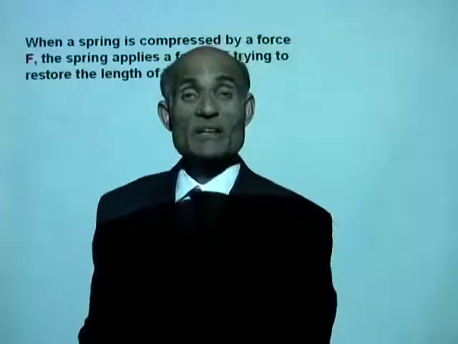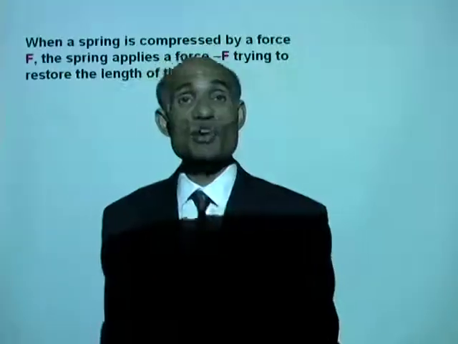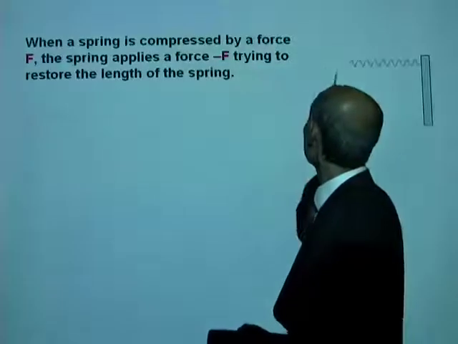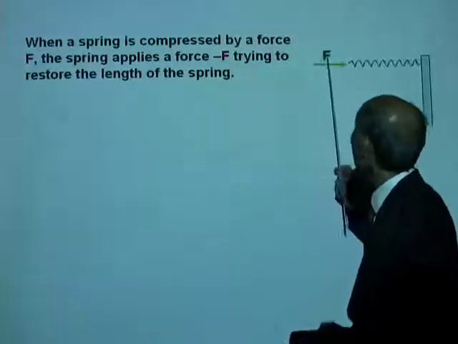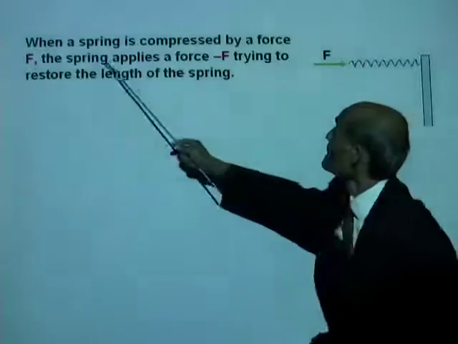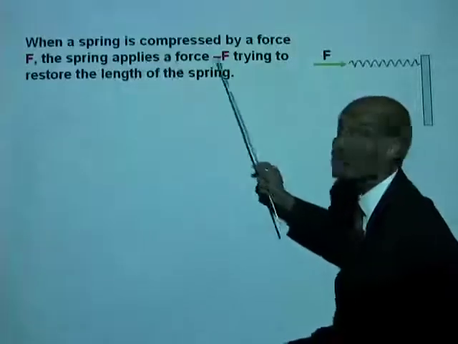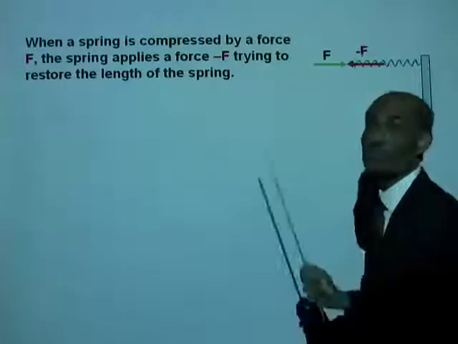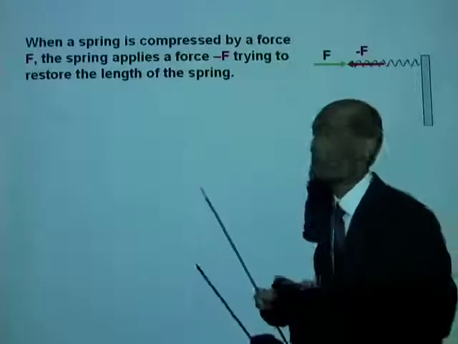Let's look at the restoring force of a spring. When a spring is compressed by a force F, the spring applies a force in the opposite direction, and it is that force that we call the restoring force.